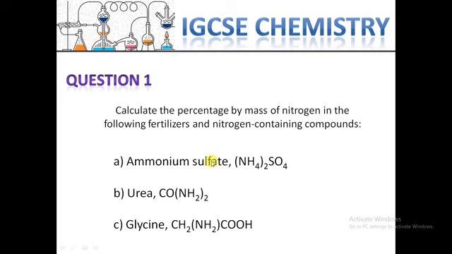You need to calculate the percentage of nitrogen, only nitrogen, because this compound has nitrogen. You need to measure only the percentage of nitrogen. The following are fertilizers, and these are nitrogen-containing compounds.